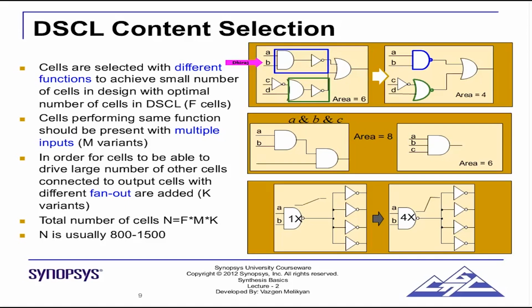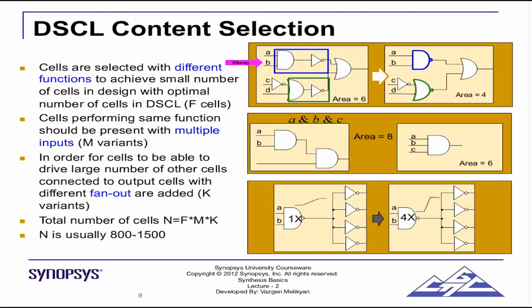Plus, cells performing the same function should be present with multiple inputs. For example, if you have a 2-input NAND gate, you should also have 3-input and 4-input gates, ideally. I haven't seen 5-input gates till now in the library because the cell becomes much larger and loses its effectiveness.